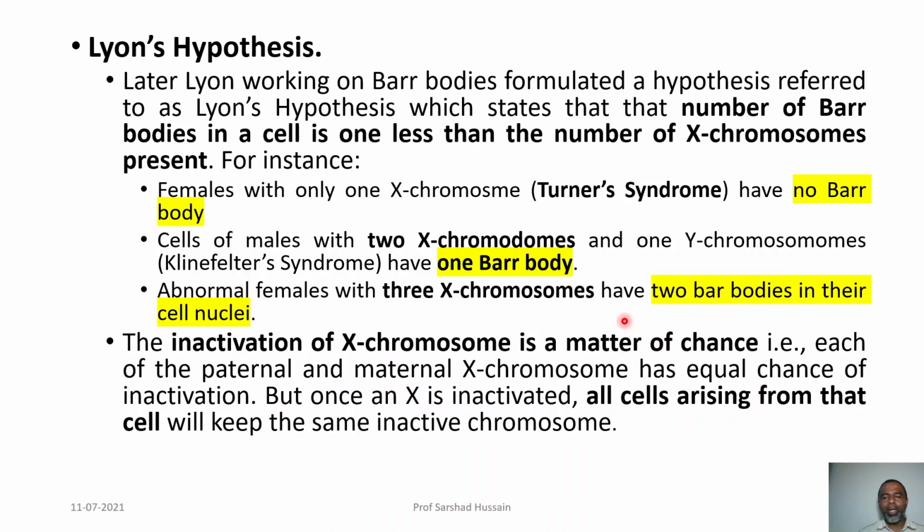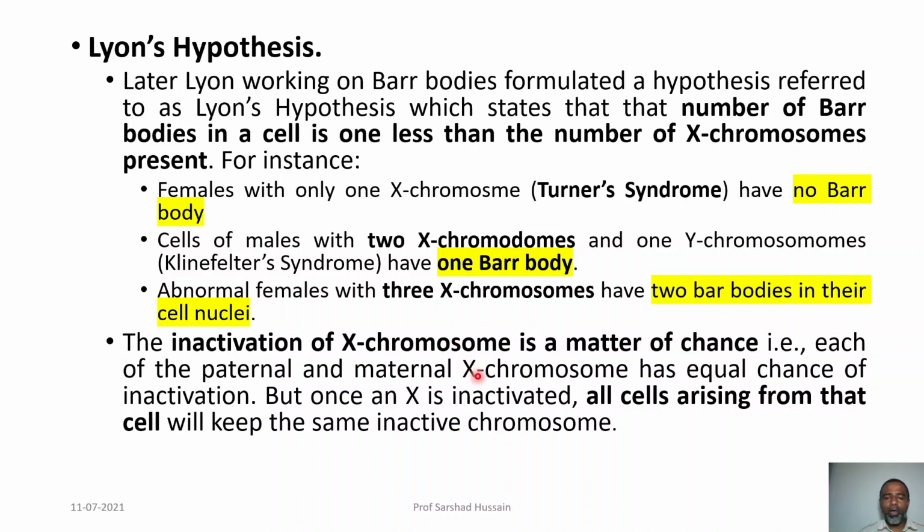When X and X fuse together to form the female offspring, 2 X come together, 1 X coming from the father, from the sperm, may be called the paternal X chromosome, and the X which was already present in the egg can be called the maternal X chromosome. So, which of the 2 X chromosomes will undergo inactivation is a matter of chance. That means, either of the 2 can go at any time.